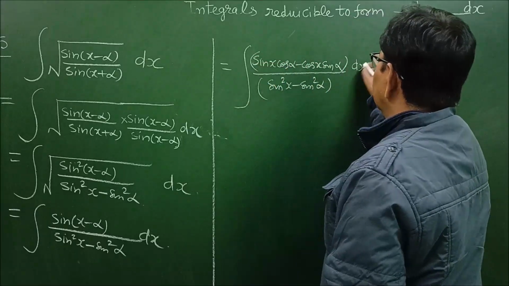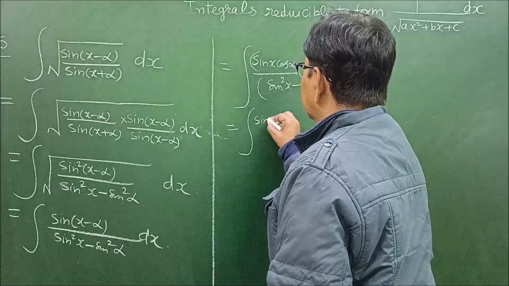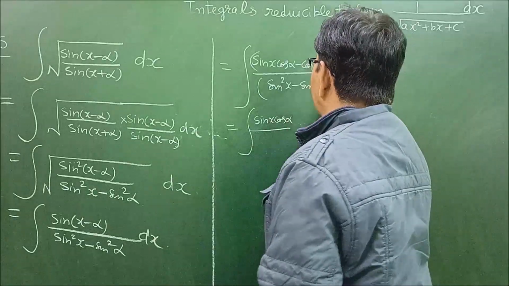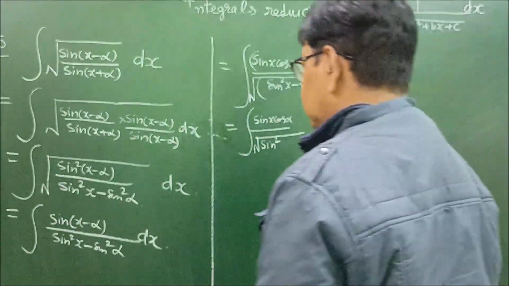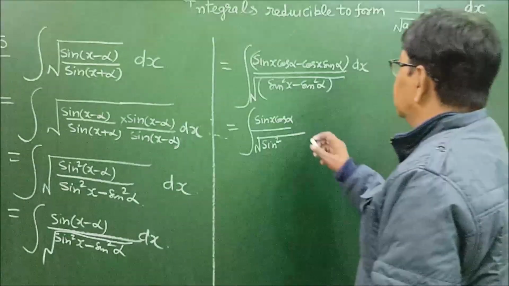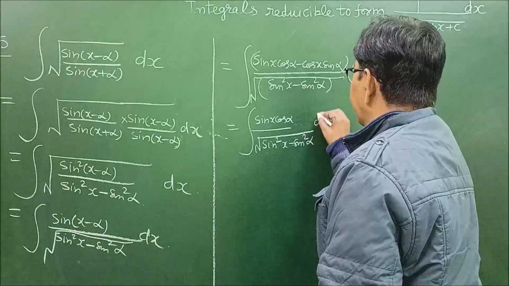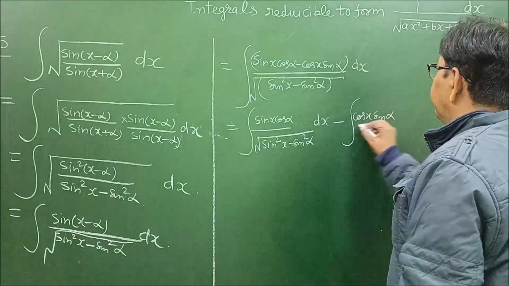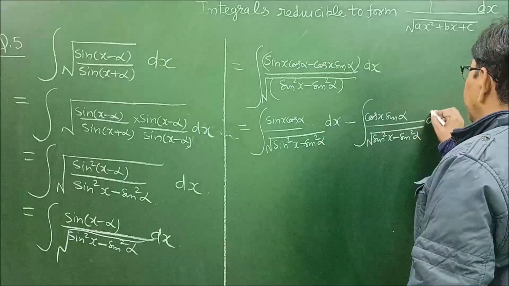So it can be split into two integrals, which is equal to integral of sin x cos α upon under root of sin²x − sin²α dx minus integral of cos x sin α upon under root of sin²x − sin²α dx.